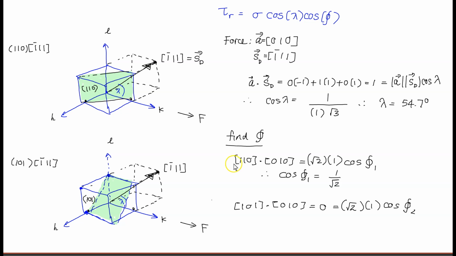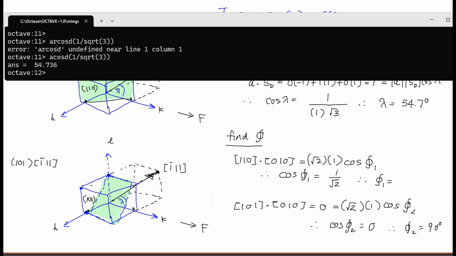So we can see that cosine phi 2 is equal to 0. So therefore, as we guessed, phi 2 is 90 degrees. In this case, phi 1 can be solved for or calculated. That equals 45 degrees.